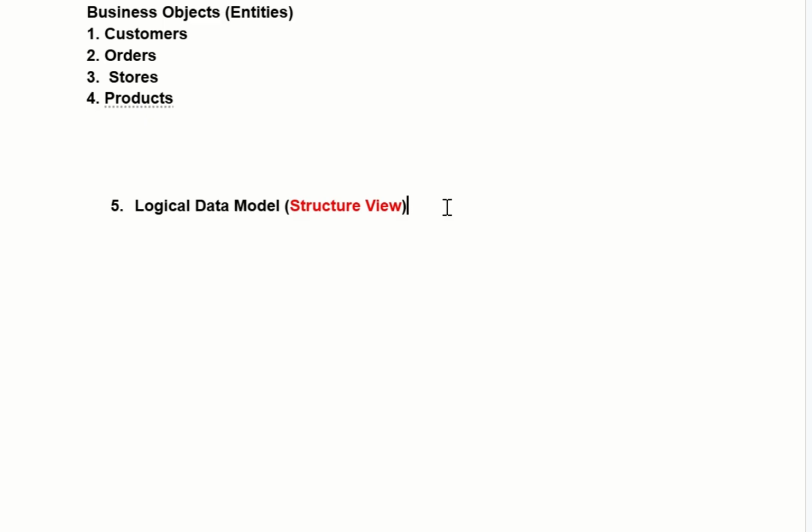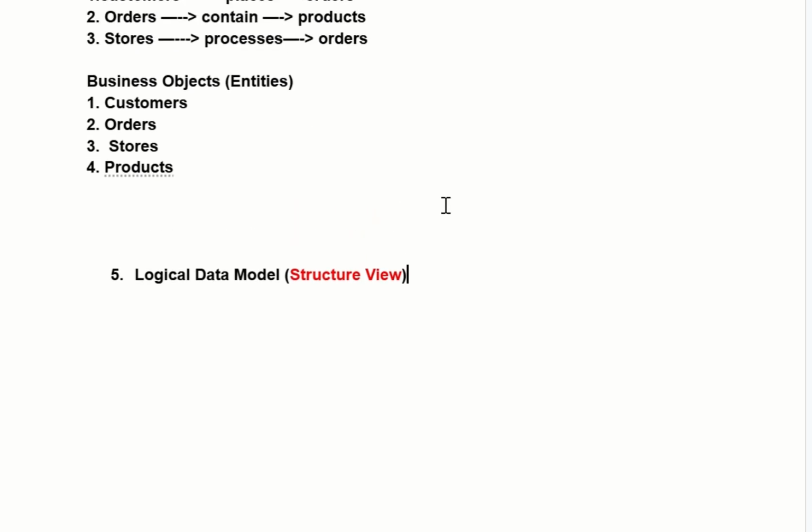So here now we start structuring the data. We convert the business objects into entities and define their attributes. So basically we are converting these objects into tables.